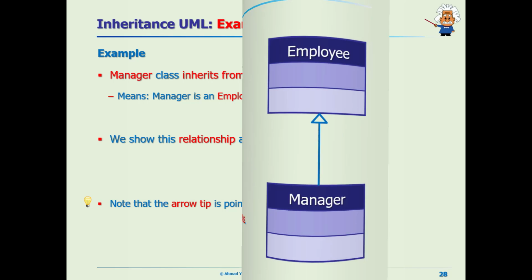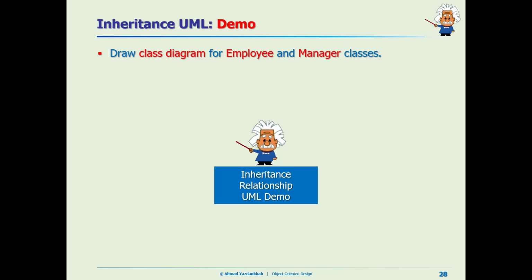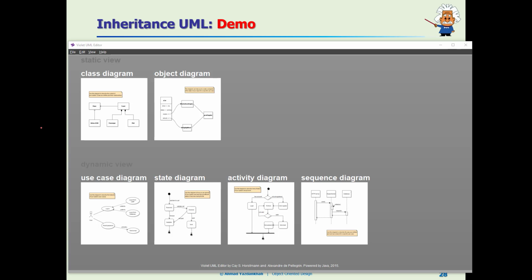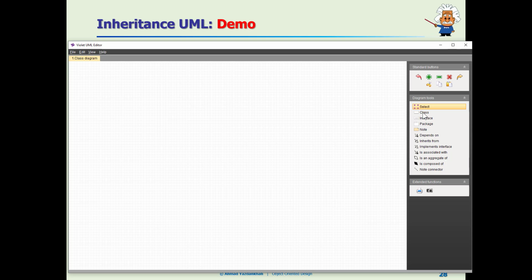Let me show quickly how we can use Violet for representing this parent-child or inheritance relationship. Okay, so this is Violet 2.1. You go to the class diagram. So we have 2 classes here, 1, 2, and the connection between these 2 will be this one, inherits from, right? So like this.